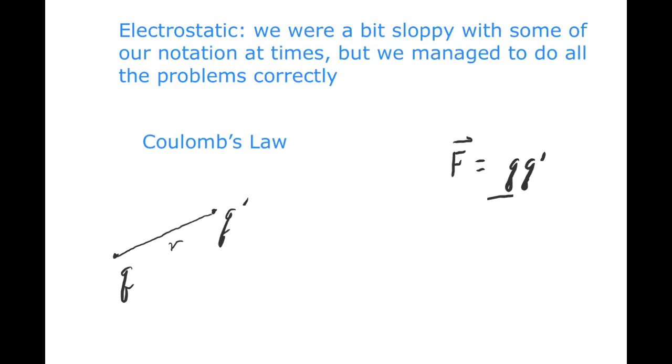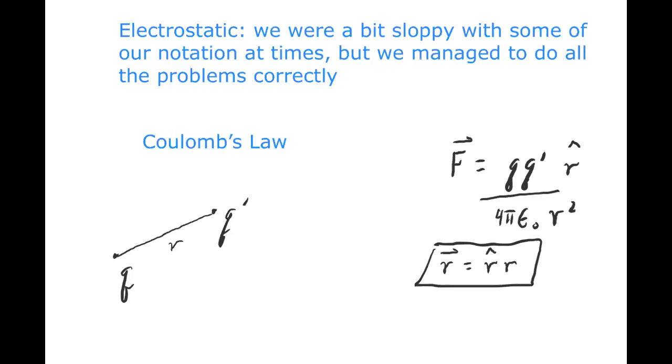It's proportional to the product of Q and Q prime. That force goes like 1 over the separation distance squared. That force is radial, where I write the unit radial vector r hat, and of course it's defined in the normal way. The unit radial vector is just the vector r divided by its magnitude, length, or norm.